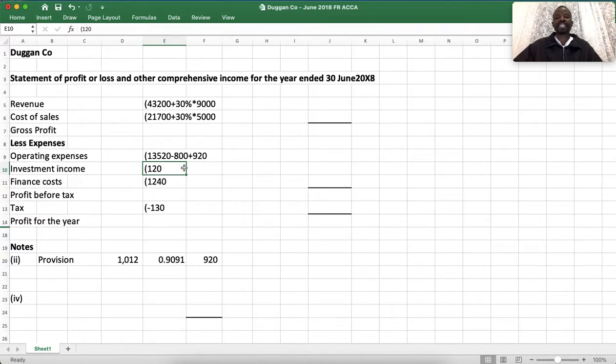So we have reversed the 800 and charged the correct figure there. But if we discount, we need to unwind the discount. Unwinding the discount.